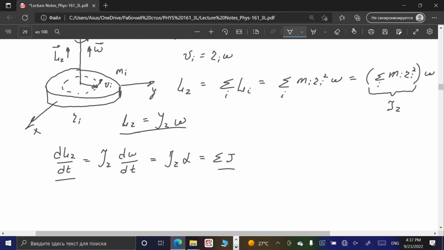So if we have a closed system, the definition of a closed system is that external forces are either absent or equal to zero because they compensate, the net external force is compensated. If the net force is equal to zero, then net torque is also equal to zero by definition. So for a closed system, we can write that the net torque vector will be equal to zero.